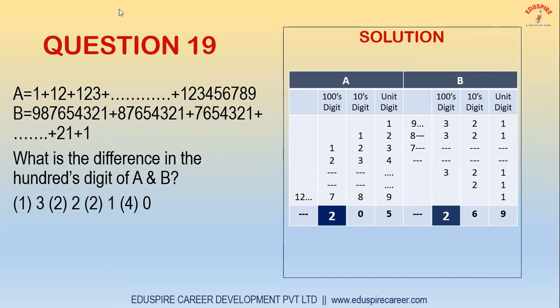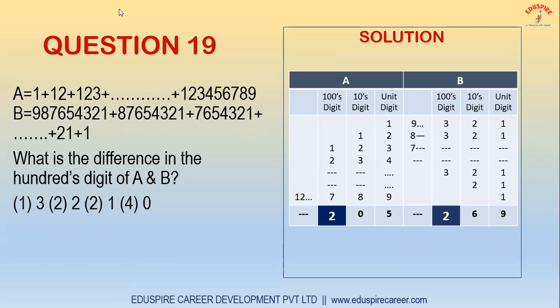And then if I add that 4, I will get 40. So 0 comes over here and 4 goes up in the carry. And then 1 to 7 will be 28, plus that 4 will give me 32. So 2 comes down and 3 goes up in the carry. So we can say that the hundreds digit of A will be 2.